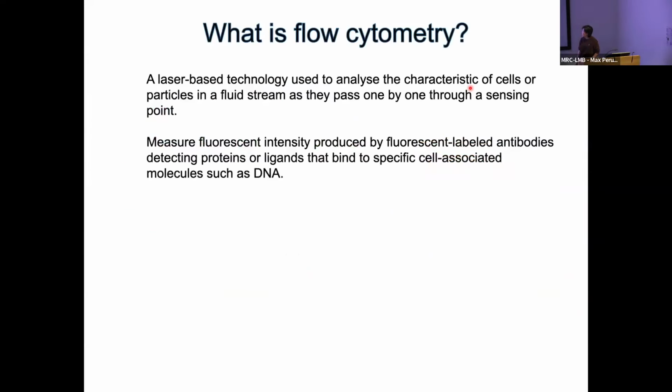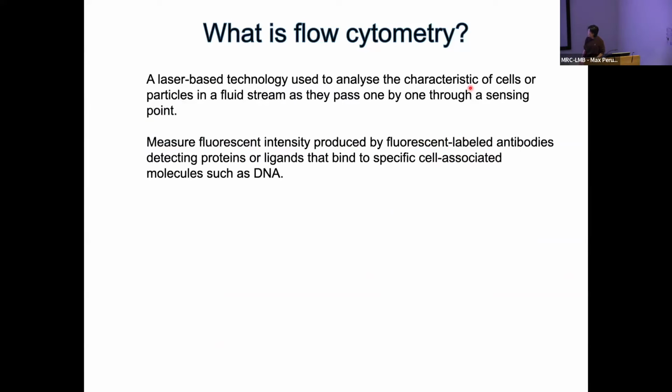So coming to the concept, what is flow cytometry? It is a laser-based technology used to analyze the characteristics of cells or particles in a fluidic system as they pass one by one through a sensing point.